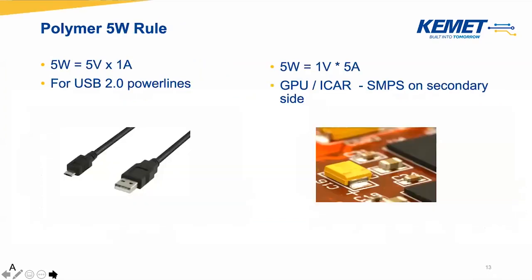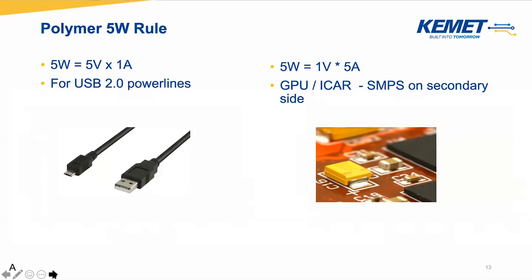So coming to the 5-watt rule, and that's similar to the 2.5 watt rule for MnO2. What it means is, power is of course current times voltage. So for USB 2.0, for example, where you have 5 volt, 1 amp, that's 5 watt. That's where you can go. Everything on the secondary side like that can use the polymer capacitor advantages.